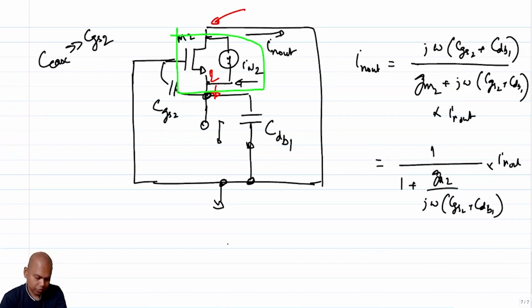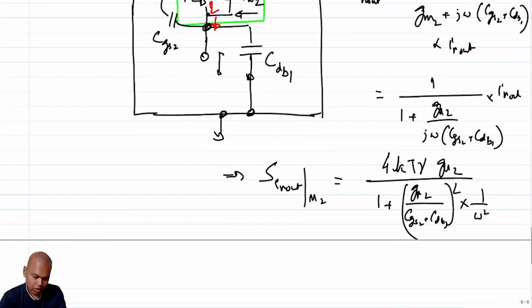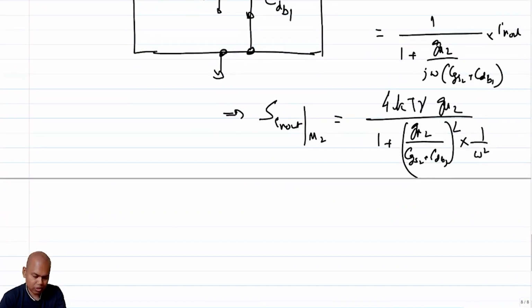Okay. So which essentially means that your SIN out due to M2 is 4kT gamma GM2 by 1 plus (GM2 by (CGS2 plus CDB1)) whole square, times 1 by omega square. Now what is this GM2 by CGS2?